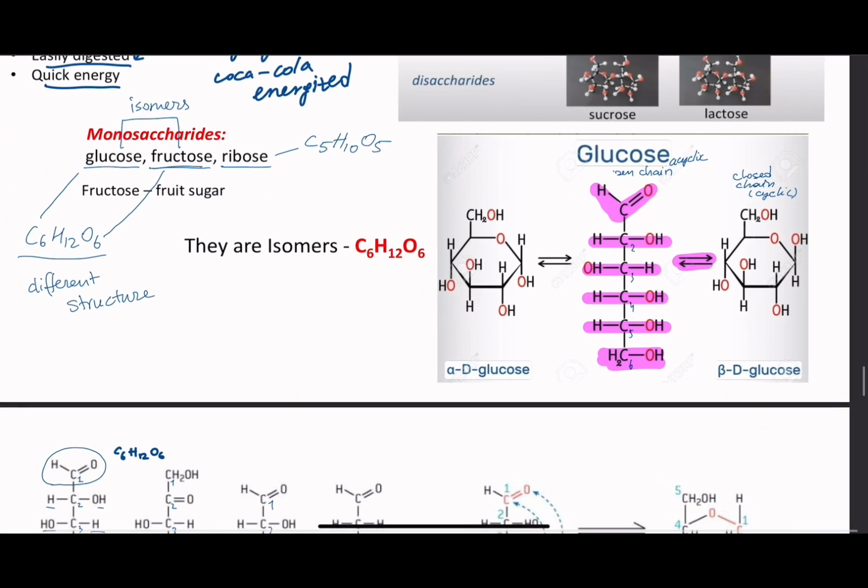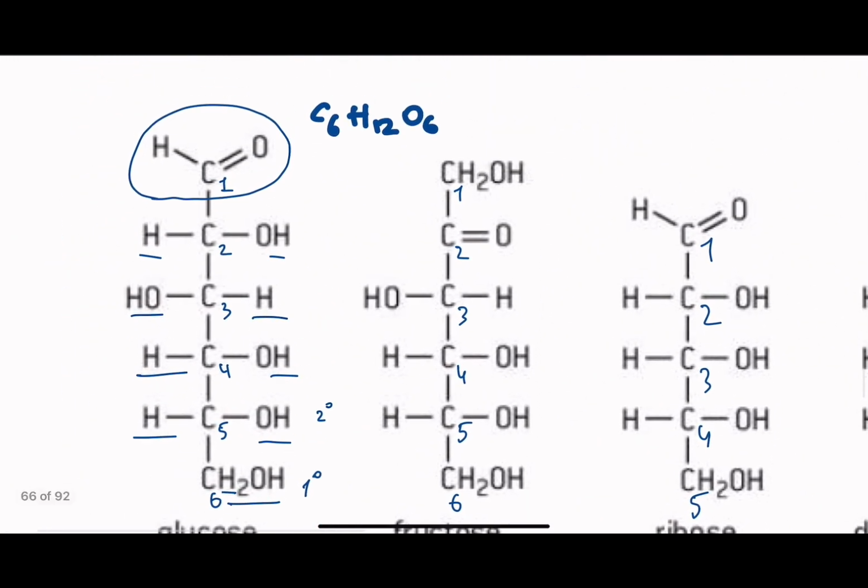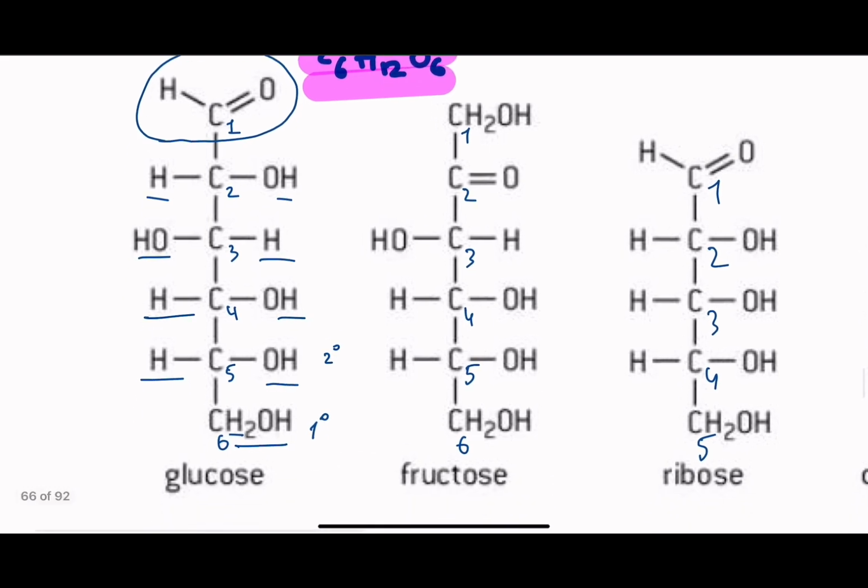So going back to glucose, with the first through sixth carbons here, the first one is an aldehyde, the last one is a primary alcohol, and the second, third, fourth, and fifth are secondary alcohols.